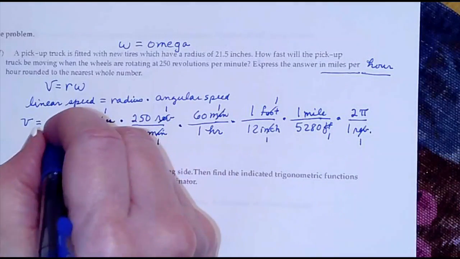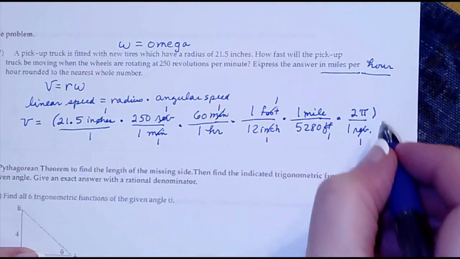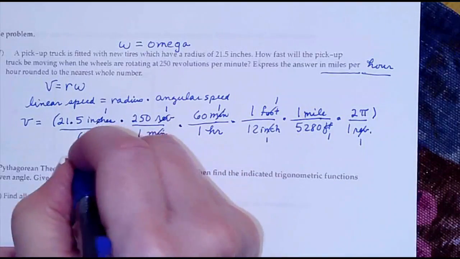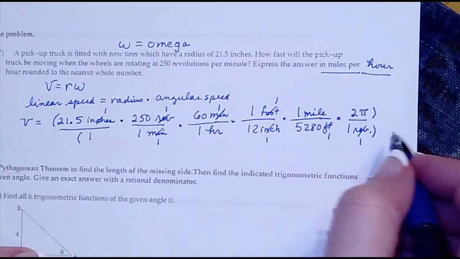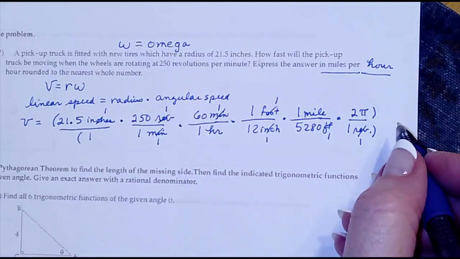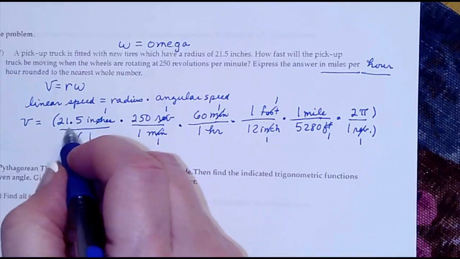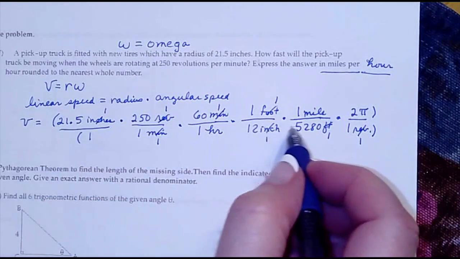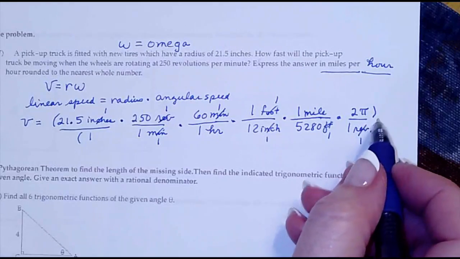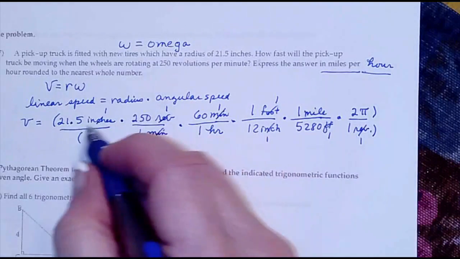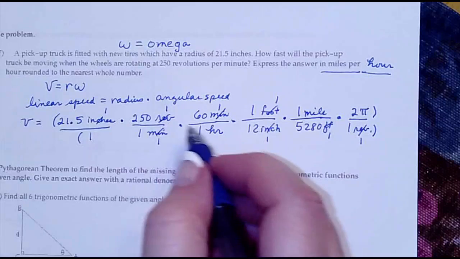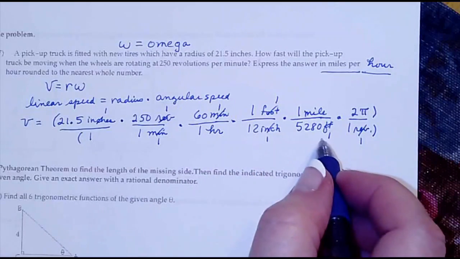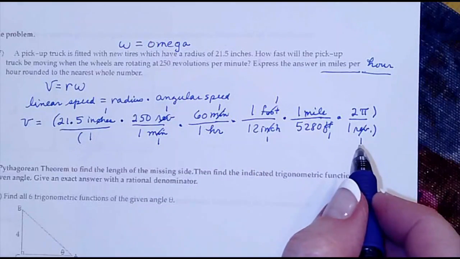We're going to start with left parentheses across the numerator, and you're going to do left parentheses, right parentheses across the denominator. So you got your calculators. Left parentheses 21.5 times 250 times 60 times 2 times pi, right parentheses, then divide, left parentheses 12 times 5,280, right parentheses.